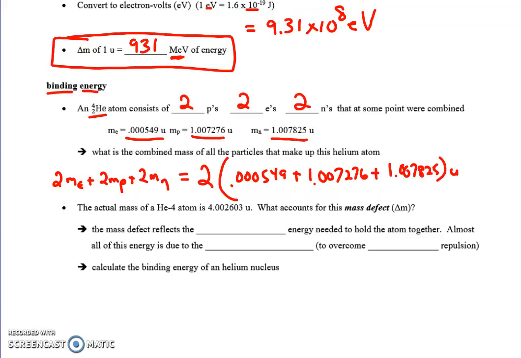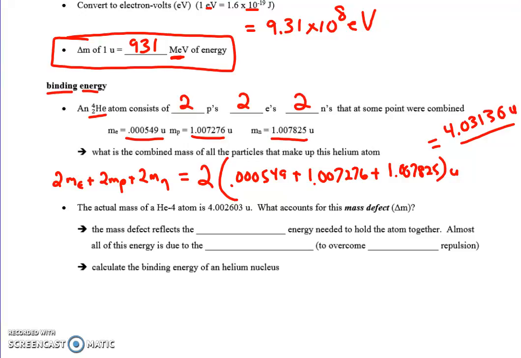Okay, so we'll get out the calculator, and when we add up the terms in the parentheses and multiply by 2, we get a total mass of 4.03130 atomic mass units.